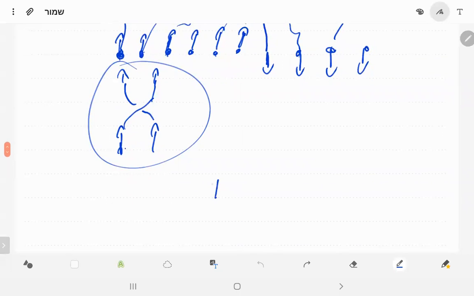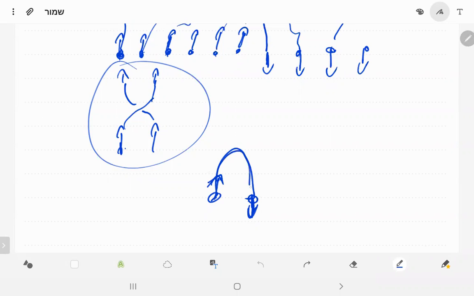Now, if we have x tensor x star, we have such a composition. We have such a map between 2 points and 0 points. 2 points, but one with plus and one with minus, so x tensor x star, and 0 points, which is the unit object, represented by an empty set.